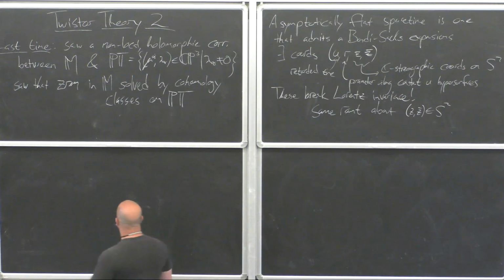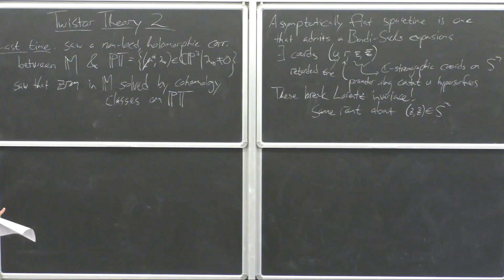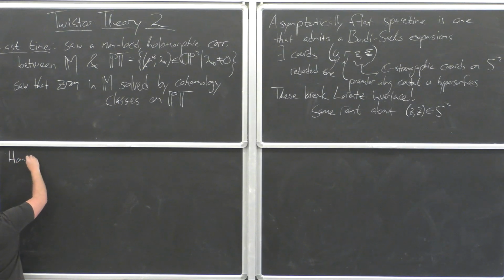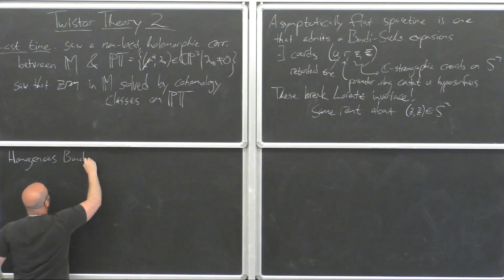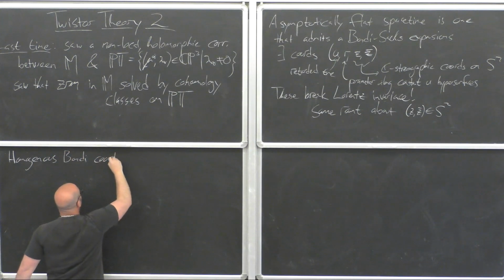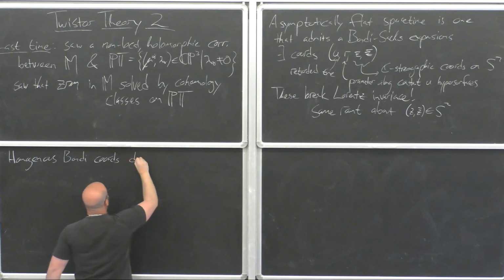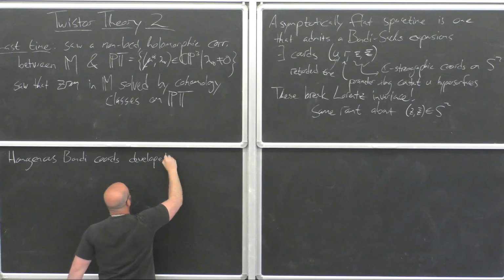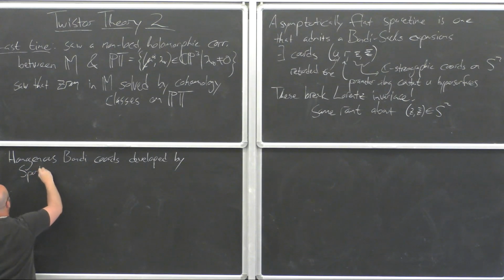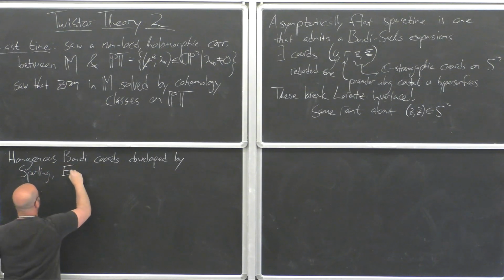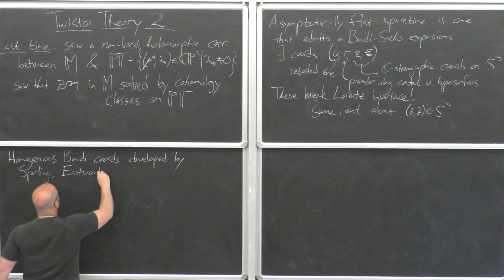So the question is, is there some kind of homogeneous coordinate system, not just for Z, Z bar, but also for U and R? And the answer is yes, and this was a kind of homogeneous Bondi coordinates developed by Sparling, Eastwood, and Todd.